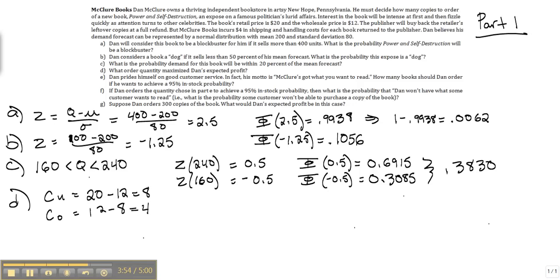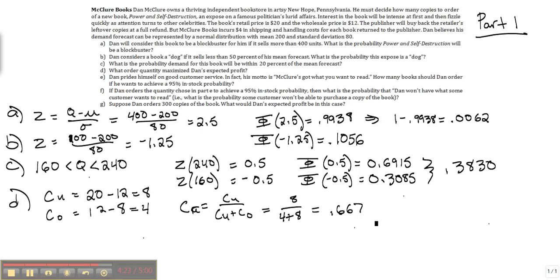The critical ratio is therefore equal to the underage cost over the underage cost plus the overage cost. That's equal to 8 over 4 plus 8, or 0.667. In the standard normal distribution function table, we see that 0.6667 falls between the z-values of 0.43 and 0.44.